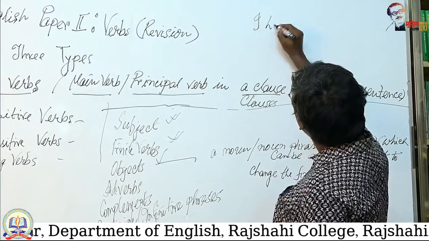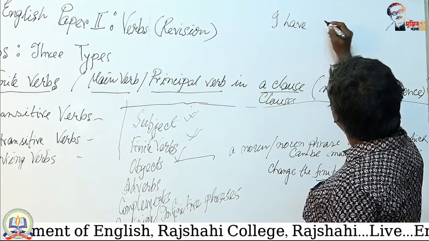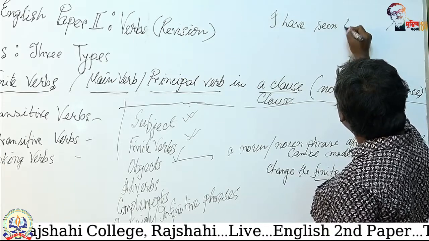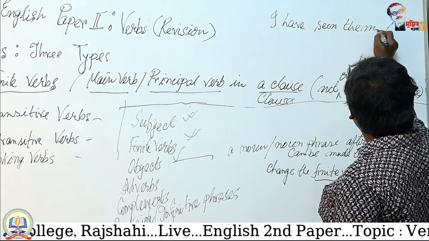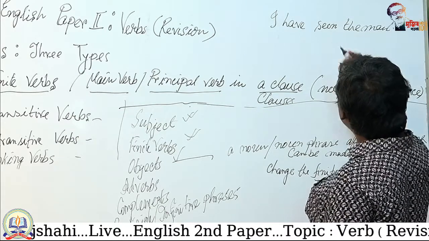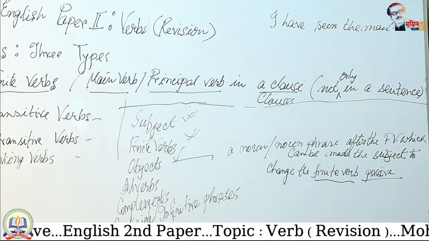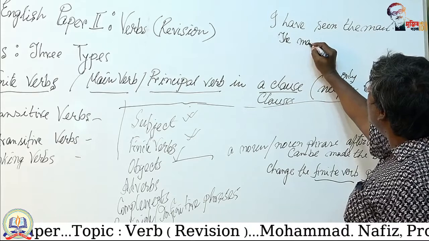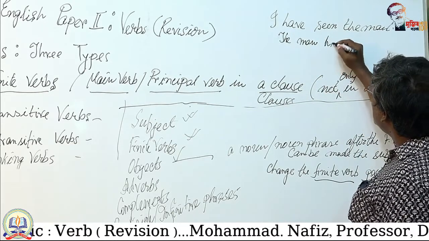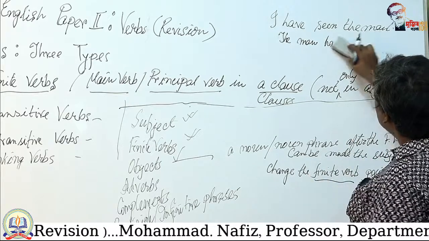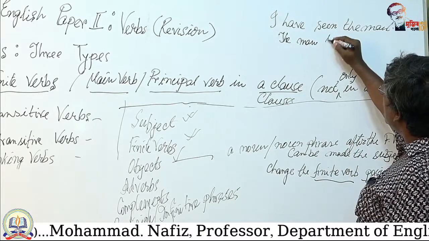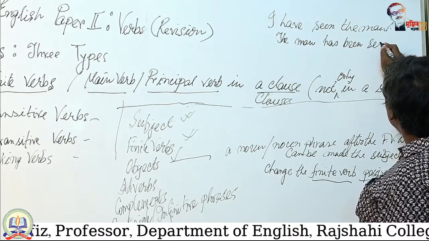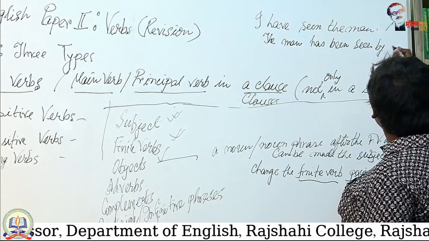I have seen the man. You can make this sentence passive. The man has been seen by me.